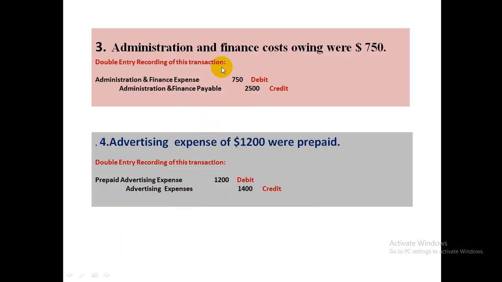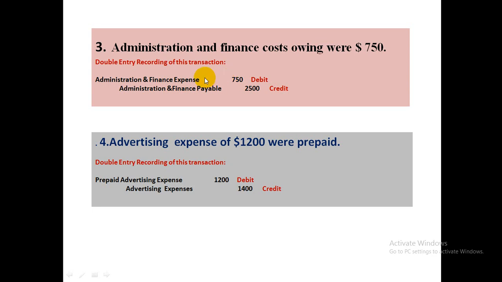Let's move to the important double entry concepts which we have to consider while preparing income statement and balance sheet. The cost which we are still owing is a liability on us, and it should be added in our expense as well. The double entry recording of this particular information is expense debit with the same amount and payable credit.